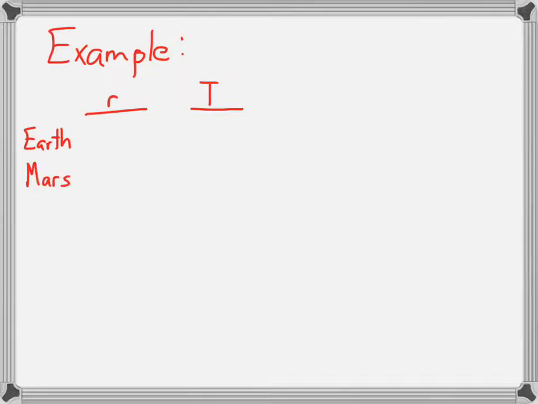Okay, so if we take Earth and find its orbital radius, it's going to be 1.5 times 10 to the 11 meters.